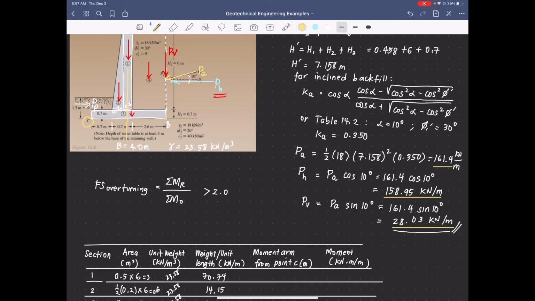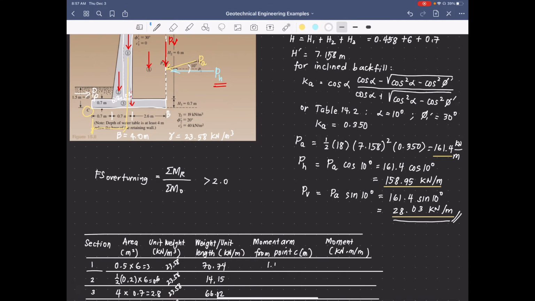Here is the moment arm from point C. That is 0.7 plus 0.2, that's 0.9, plus 0.25, so that will give us 1.15. So the moment arm is 1.15 for section 1.